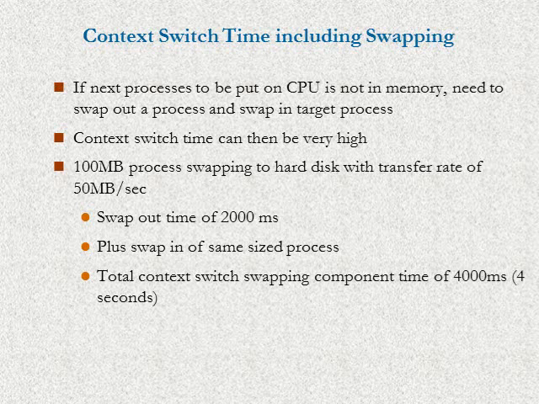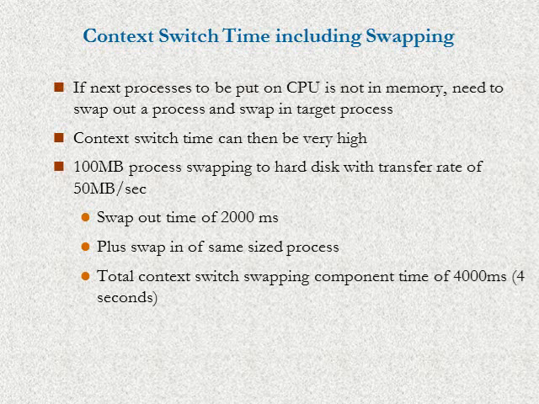If the next process that is scheduled to be put into the CPU is not in the main memory, you may need to swap out a process from the main memory so that you can swap in your targeted process. So in this case, the context switch time can be very high.